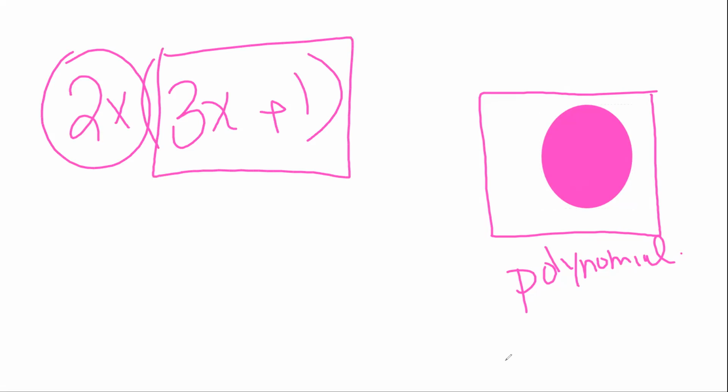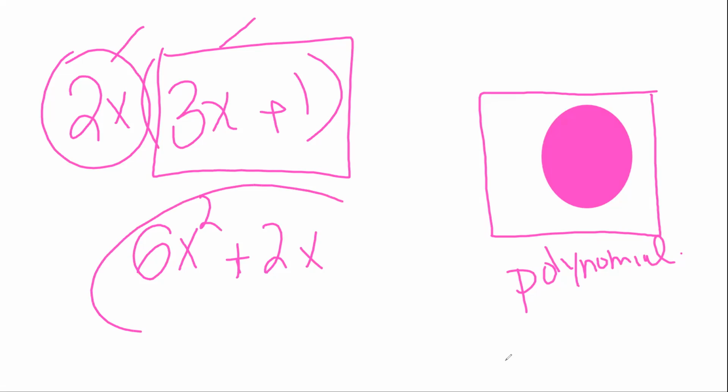And I told you to combine them with each other to make them one shape, to combine these two expressions to make them one expression. After you combine them, look at the first one. How many expressions do you have? You have 2 expressions. After you multiply them, how many expressions do you have? 1. So that's what we did.